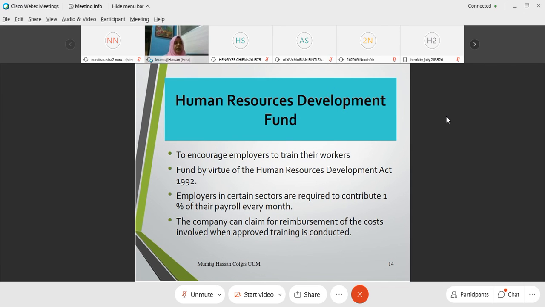Okay, so you want to know the sectors here? I just opened the Human Resources Development Act. It says the industry here is the manufacturing sector.